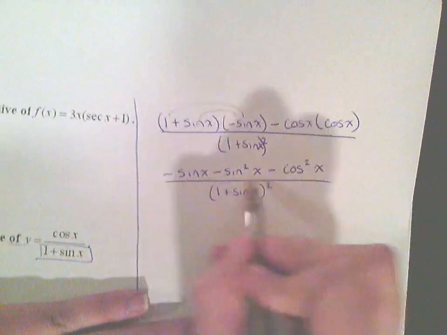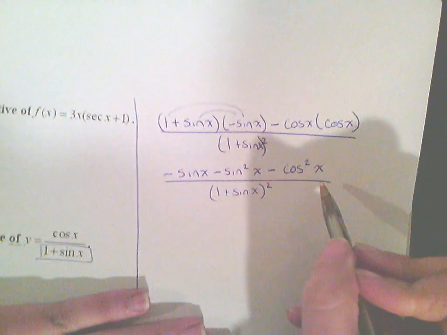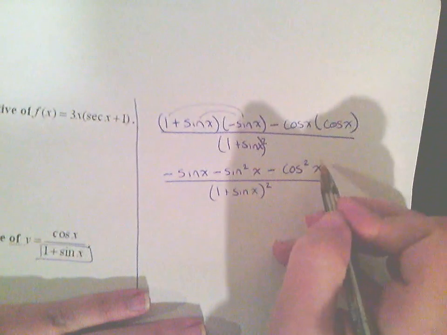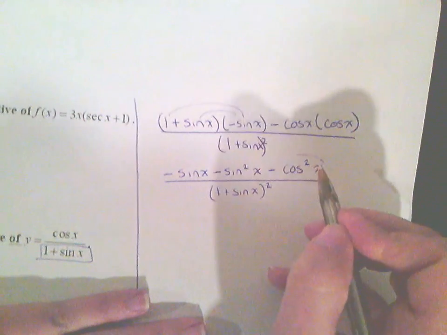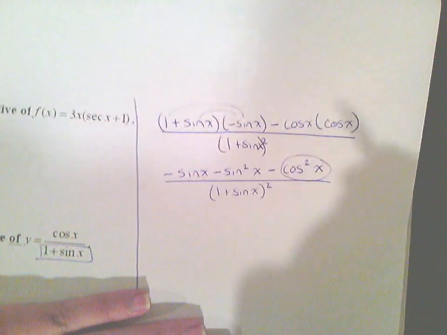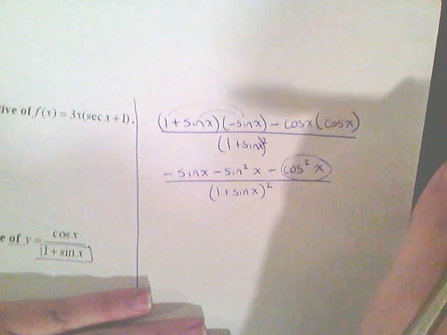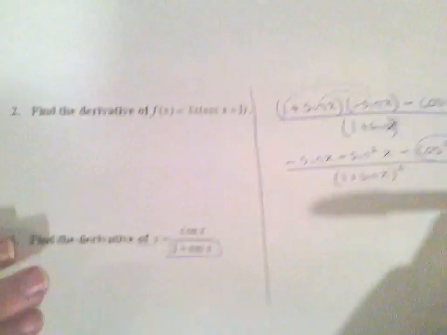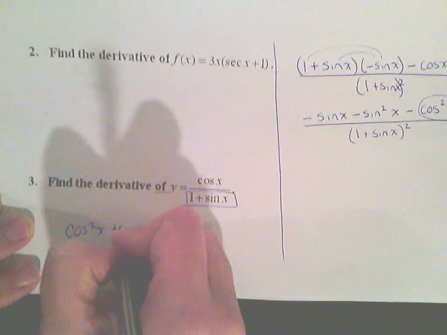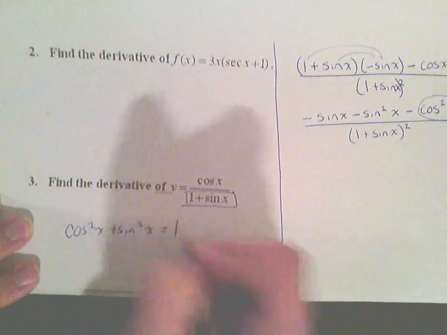All right, so looking at this, I don't want you guys to think that this is it, because remember cosine squared. Where did we see this before? It's part of the Pythagorean identity. Do you remember this? Cosine squared of x plus sine squared of x is equal to 1.